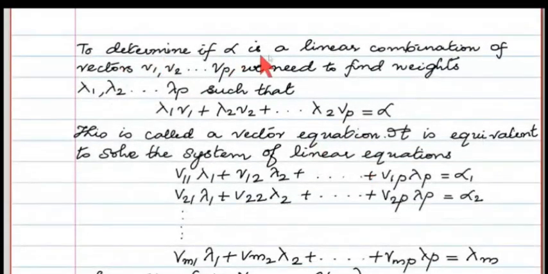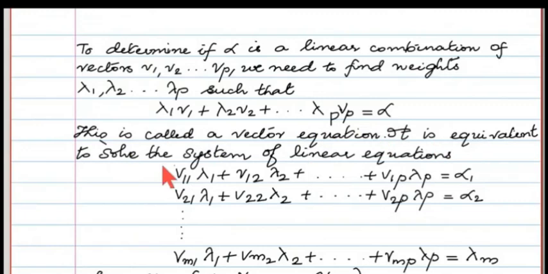So to determine if alpha is a linear combination of the vectors v1, v2, etc. vp, we need to find the weights lambda 1, lambda 2, etc. lambda p such that lambda 1 v1 plus lambda 2 v2 plus etc. lambda p vp equal to alpha. This is called a vector equation.